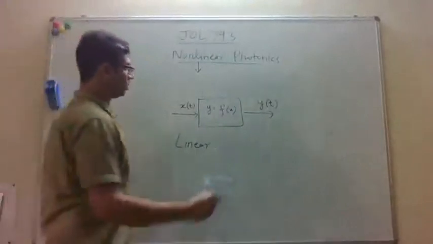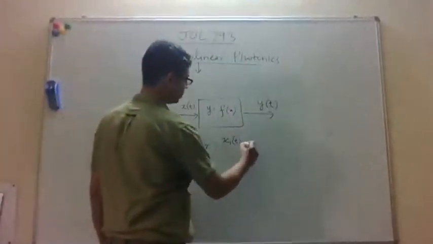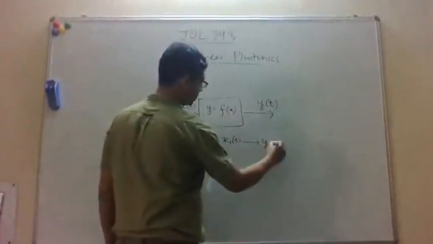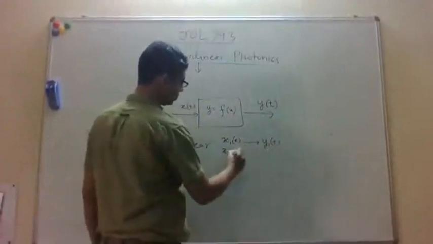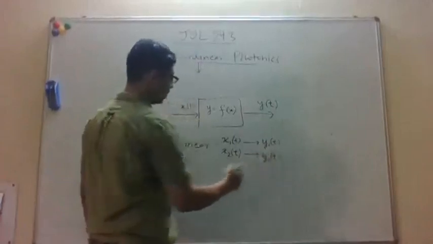And the way we define a linear system is, let's say I give an input x1, it gives me an output y1. I give another input x2, it gives me output y2.